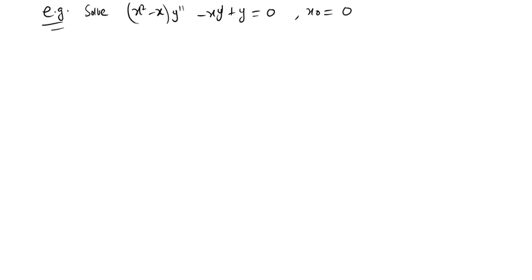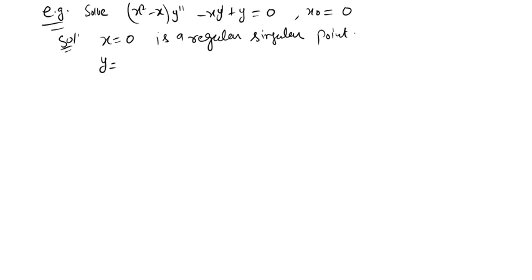You can check that x equal to 0 is a regular singular point. So we take the solution in this form, generalized power series sum of an x^(n plus r).